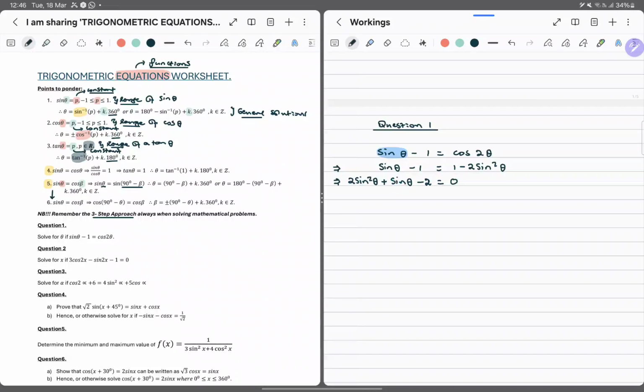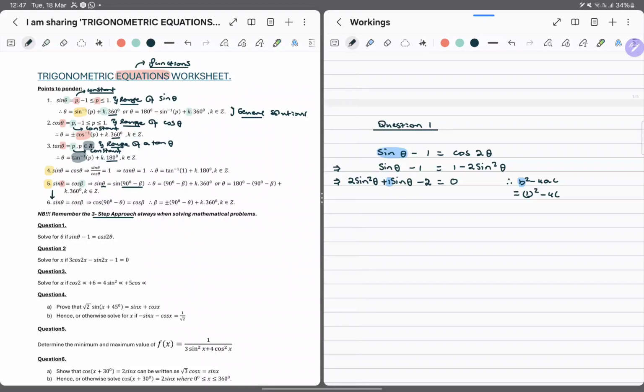Now this one, if you're not so sure, always check the discriminant. b squared minus 4ac is equal to, the coefficient of sine is 1, squared, minus 4 into the coefficient there. Remember, b here is the coefficient of sine, which is an invisible 1. We don't write 1 sine theta.